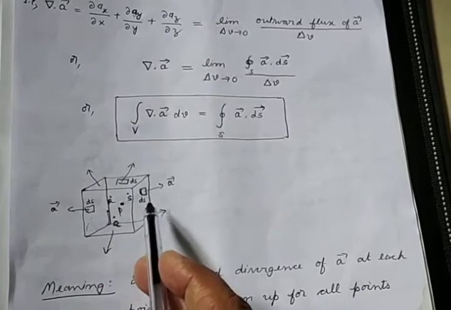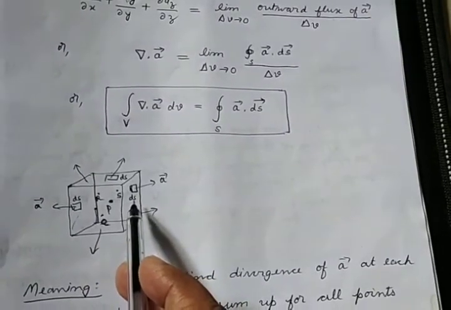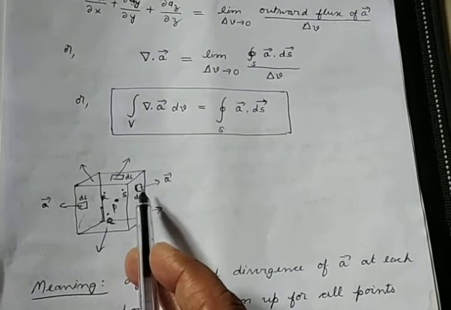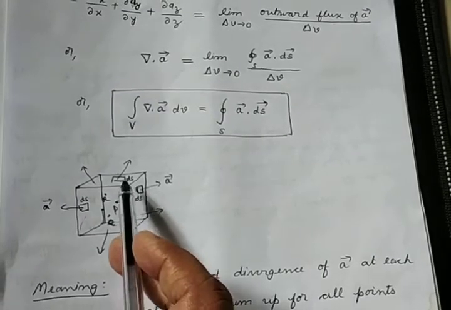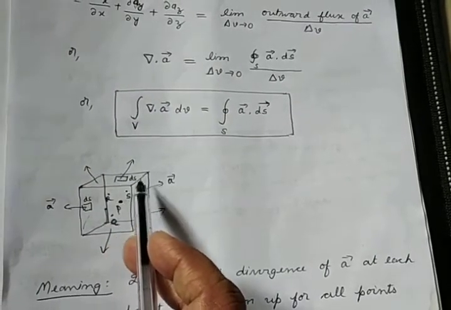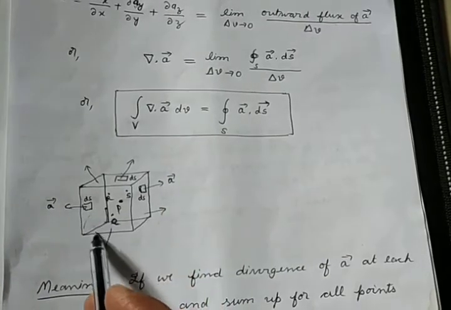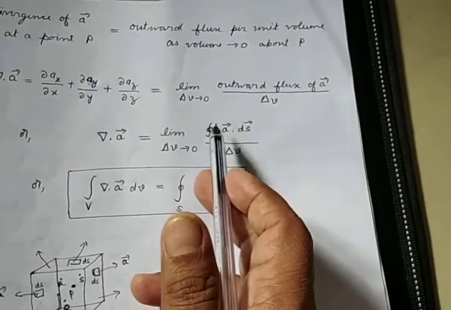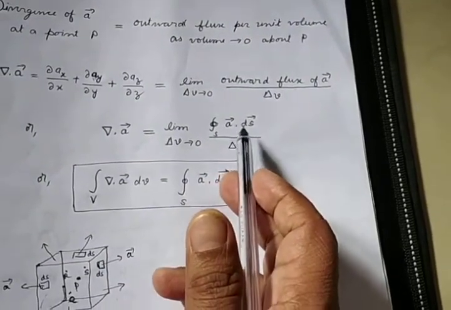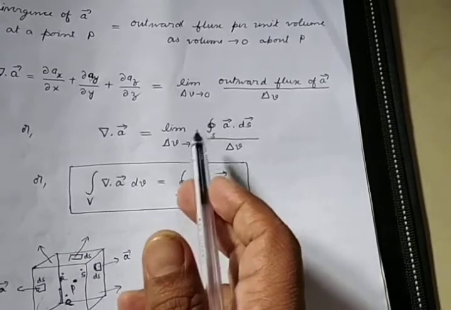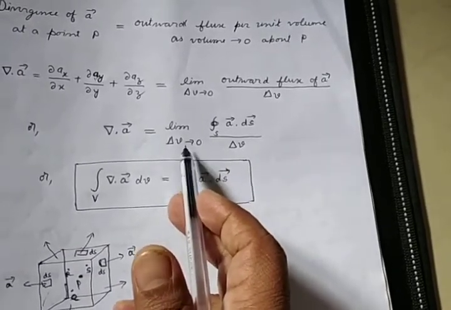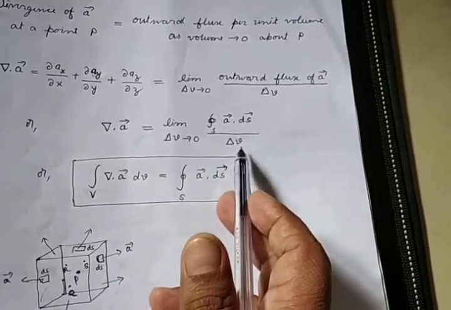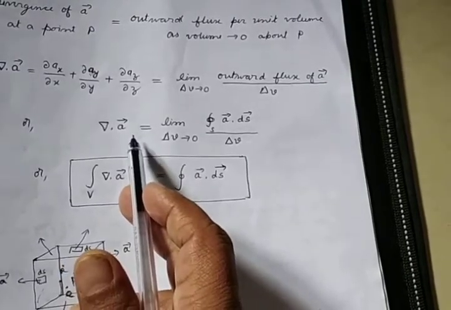Over this surface I take the surface area element, say ds bar, and I find out the outward flux, that is given by A bar dot ds bar. Similarly for another area element ds bar like this. So I go on doing it for all the area elements making this closed surface and then add it. So that means I get the closed surface integral of A bar dot ds bar. So the limit as delta V tends to 0 of the closed surface integral of A bar dot ds bar by delta V is equal to the divergence of A bar.